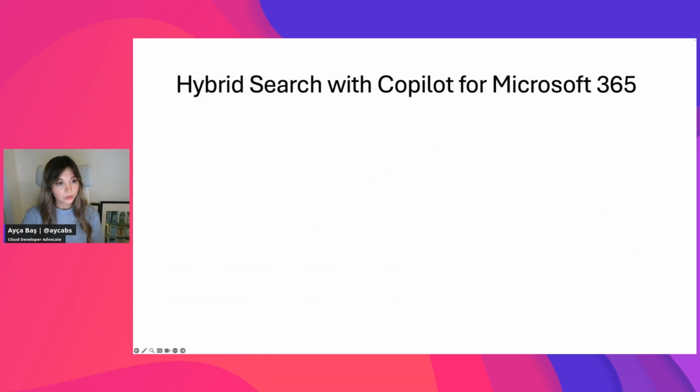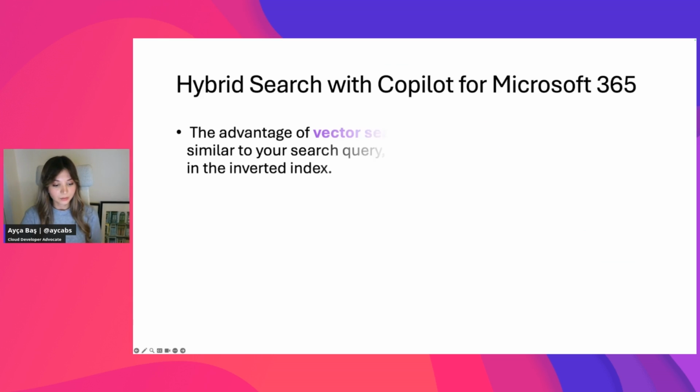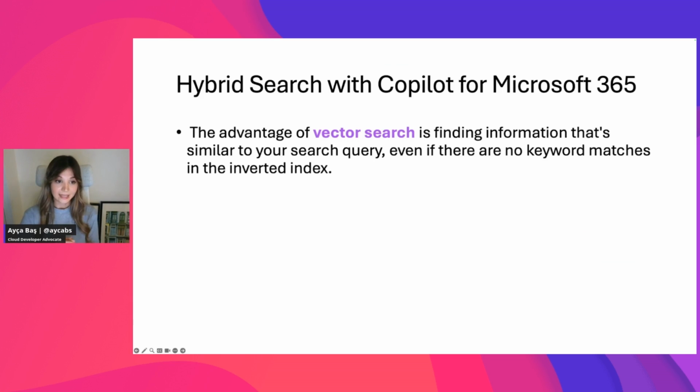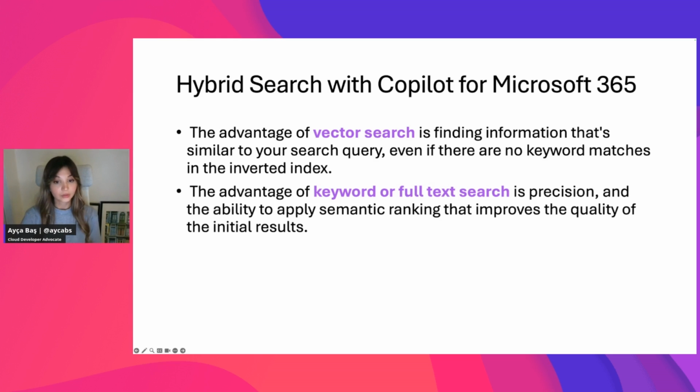I also quickly want to highlight why hybrid search is pretty important, because the advantage of vector search is finding the information through similarity instead of making a direct keyword search. And the advantage of keyword search is precision. Every time I make a keyword search, I'm 100% sure that with semantic ranking, I'll be able to reach that data.